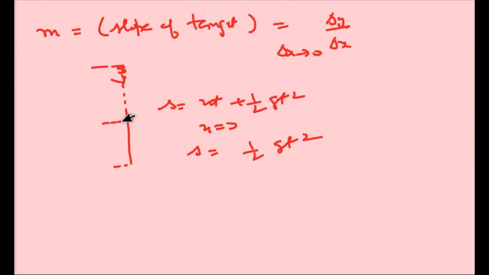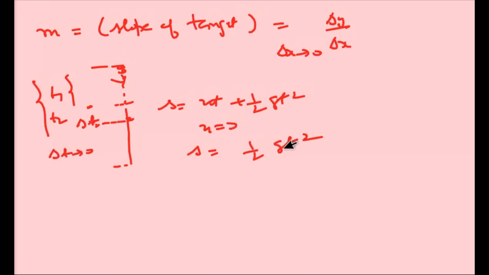Now at any instant, we want to find the rate of the velocity. So we take the time difference of any 2 points, let them be t1 and t2, and this delta t is going towards 0. Delta t tends towards 0.